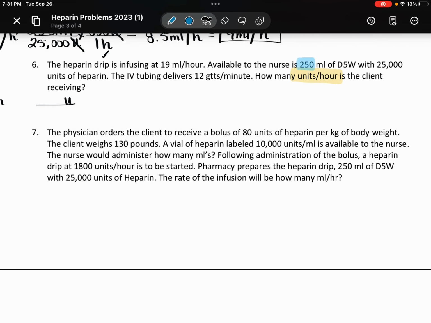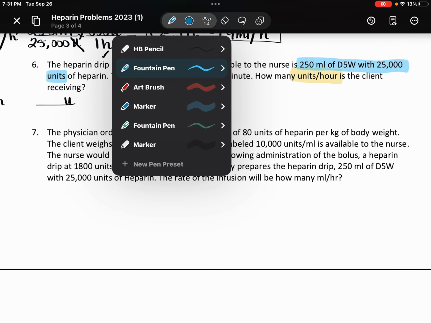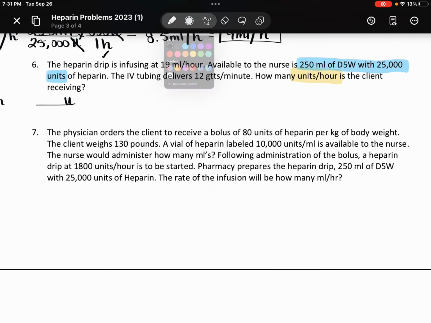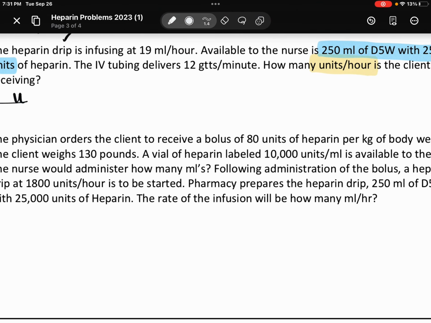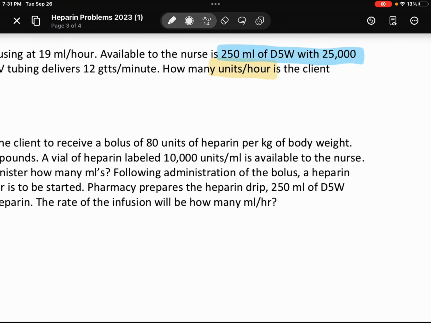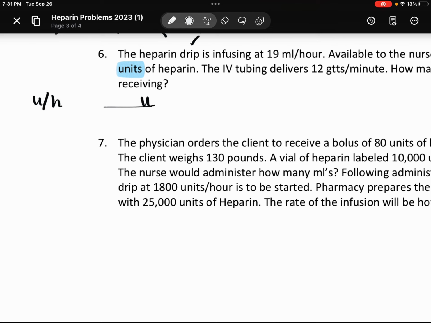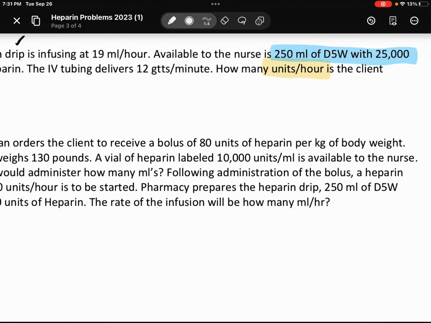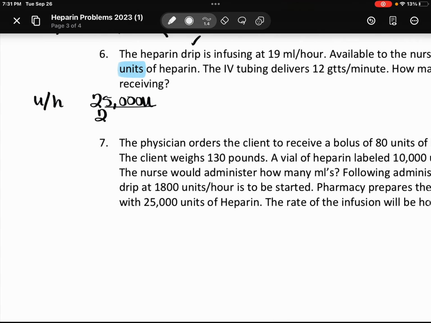I have 250 milliliters that has 25,000 units of heparin in it. Okay, well I can use that. So I'm going to put my units on top this time because my units here needs to be on top. So 25,000 units over 250 milliliters.